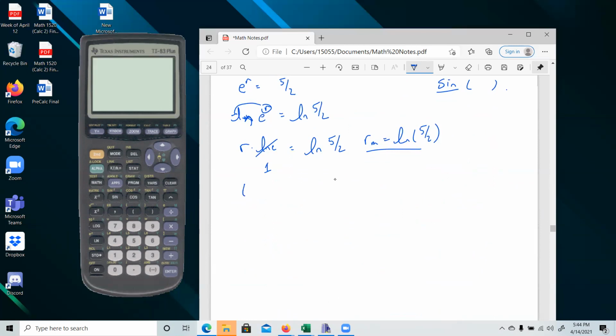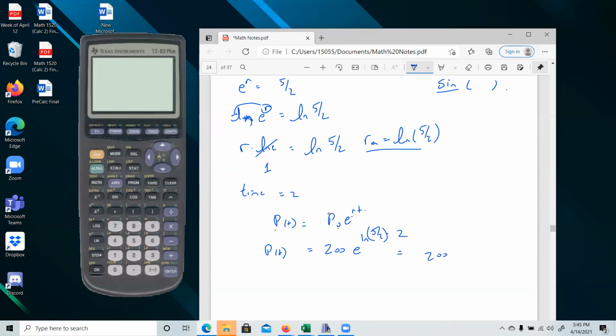Okay, how many will there be the first week of August? So when time equals 2, we get, well, I don't know what this is, but I know what this is, I know what this is, and I know what that is. So that's going to be 200 e to the ln 5/2 times 2. Don't put the 2 in here, it's a little different. And this is equal to p of t. So to put that in the calculator, we can massage this a little bit.